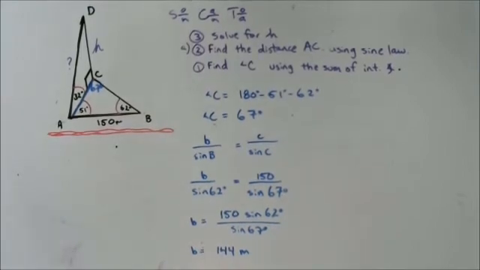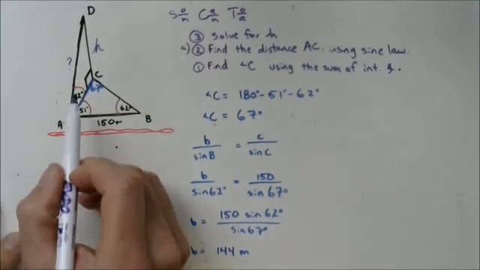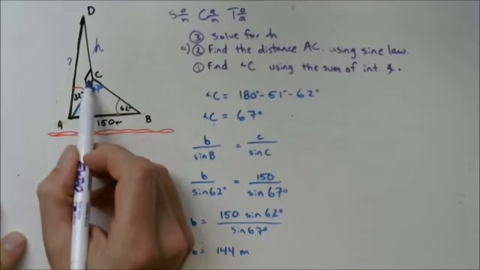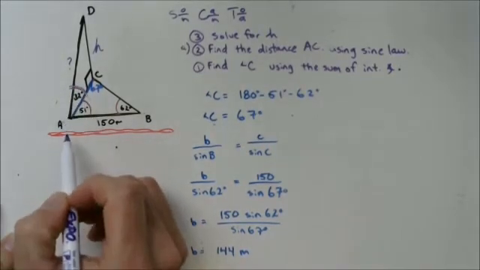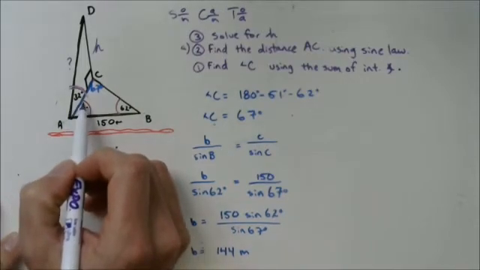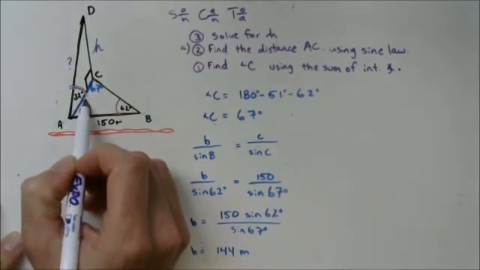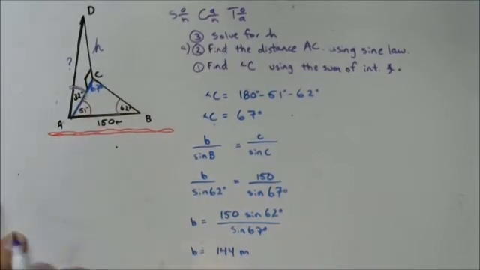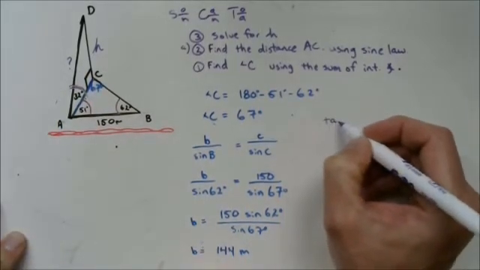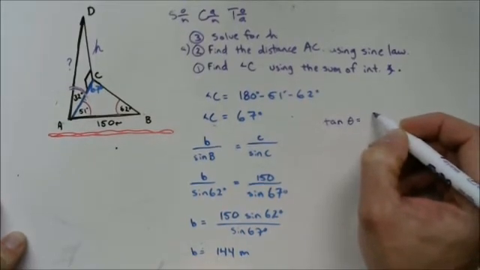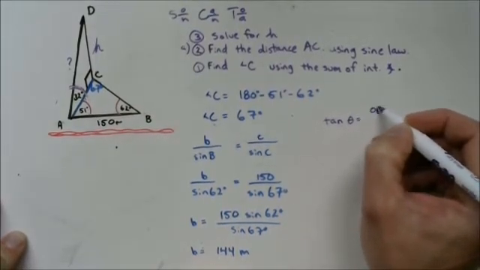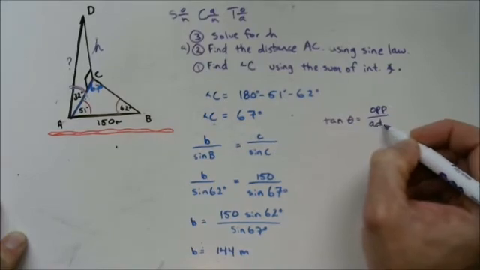using our primary trigonometric ratios. I have a right angle triangle here. I'm looking at it from the perspective of angle A, 32 degrees, and I have adjacent, and I'm looking for opposite. So we're going to use the tangent ratio. Tangent of theta is the ratio opposite over adjacent.